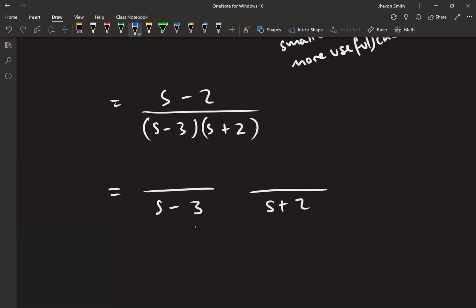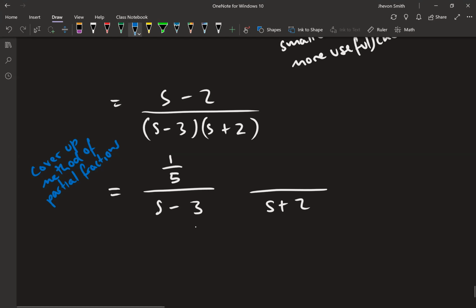So I'm going to do the cover up method of partial fractions because it's nicer. So I'm going to go to the original. I'm going to cover up the s minus 3, and I'm going to plug in what would have made that 0. So I'm going to plug in s equals 3 after I cover that up. So that would lead me to 1 over 5.